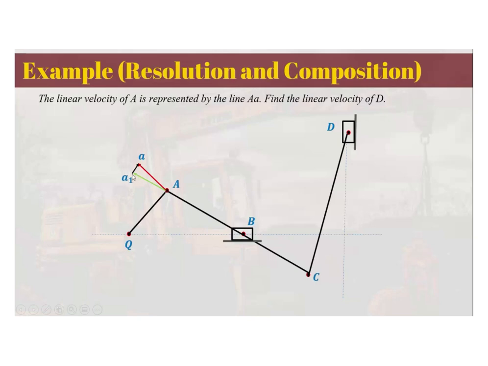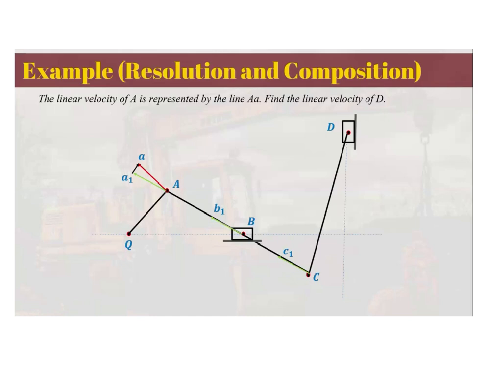This is perpendicular is your AA1, and the component along the line is your AA1. By the concept that we learned, AA1 should be equal to the component of the velocity of B along this line as well as the velocity of C along this line. So we are now able to obtain the component of the velocity of B along the line, that's BB1, and the component of the velocity of C along the line joining it with A, and that's CC1.